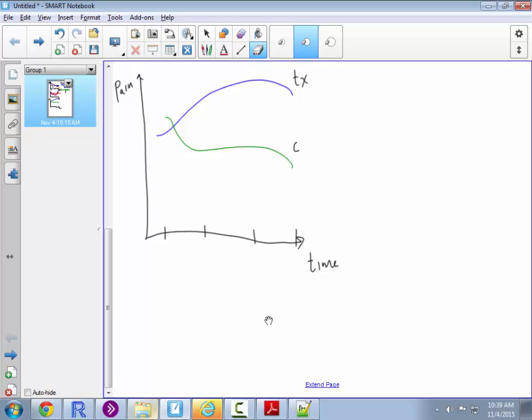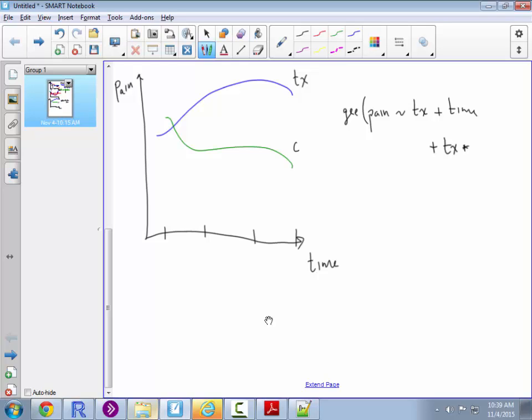So it'll look something like GEE, pain, tilde, treatment, plus time, plus treatment, times time. And then all the options out here, correlation structure, ID.